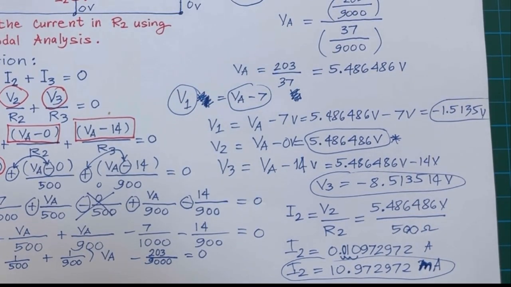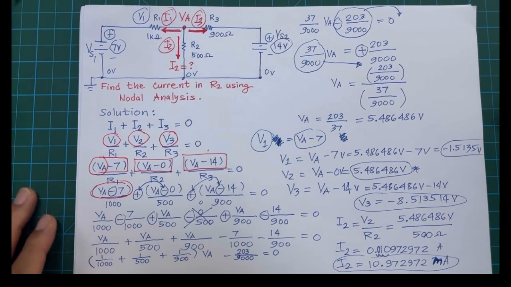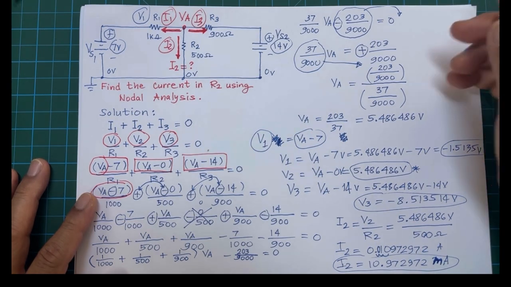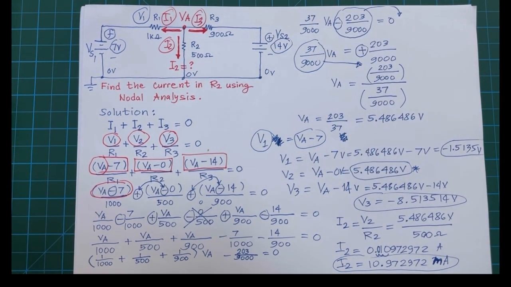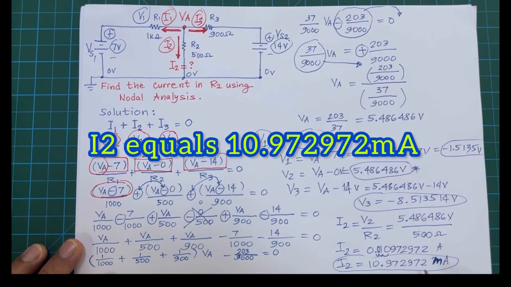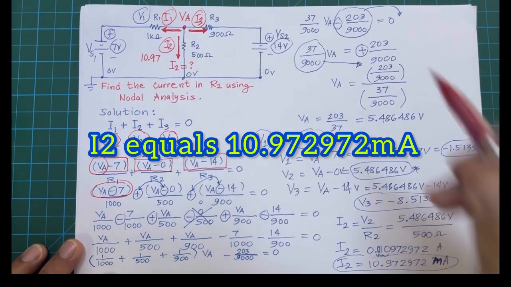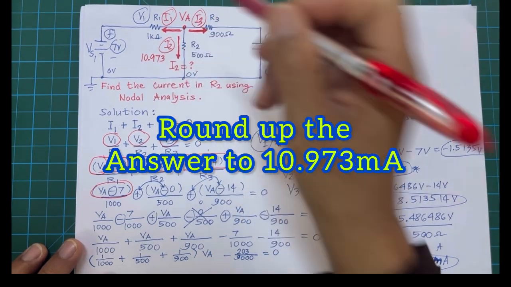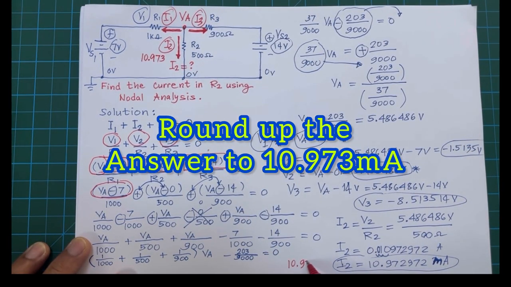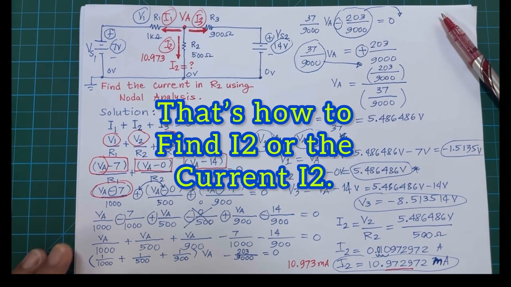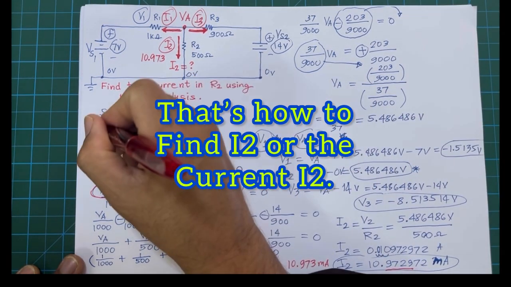So this is 10.972972, but I'll make it 10.973 in the final answer in our calculation. So I2, let's write it here, 973. Okay, so we round up the answer to 10.973 milliamperes.